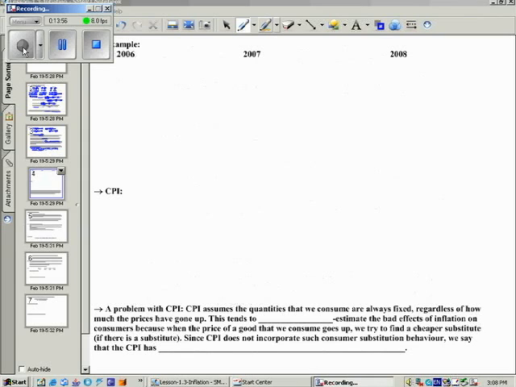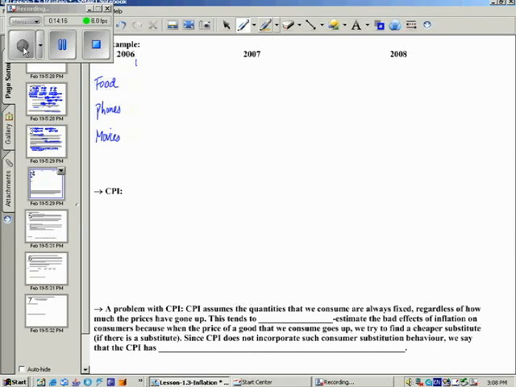How do we measure the consumer price index? Let's look at a simple example, and also for the same 3 years. Suppose we produce and consume 3 products: food, phones, and movies.